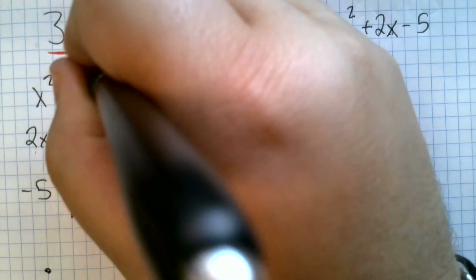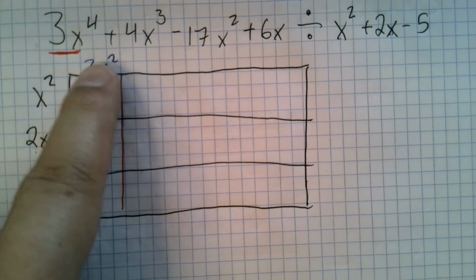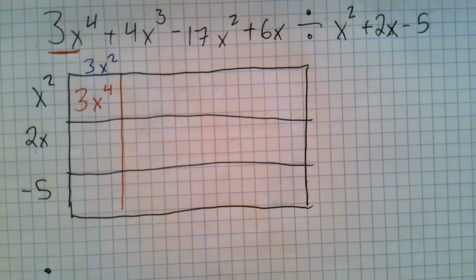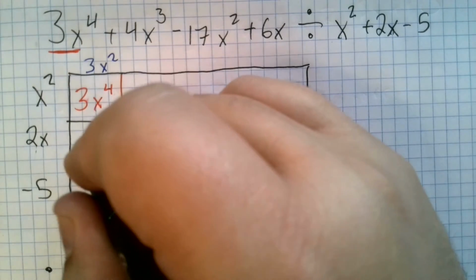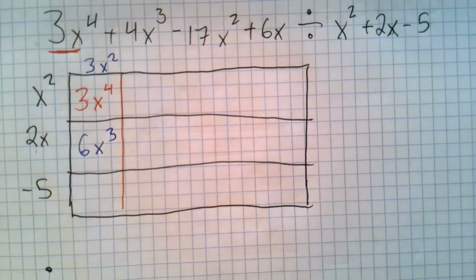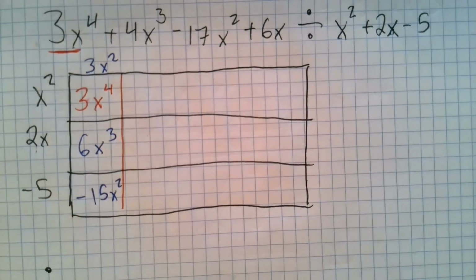This is 3x squared. Now that you know the top of this column, you know the rest of this box because it's multiplication. Going down to the next open box, we have 6x to the third, then negative 15x squared.